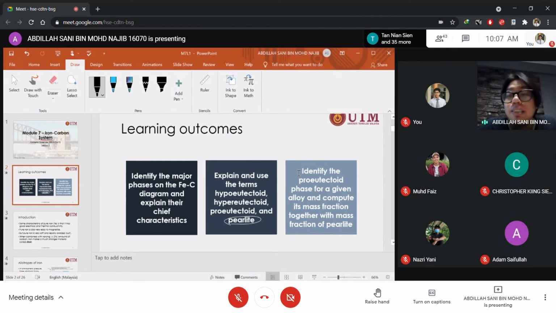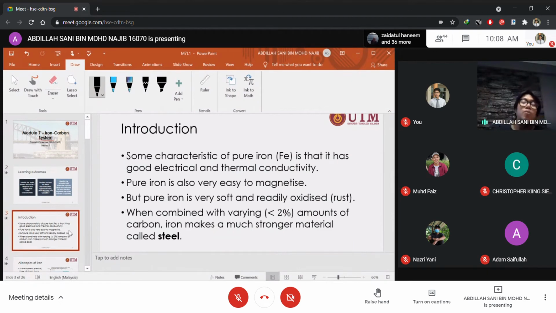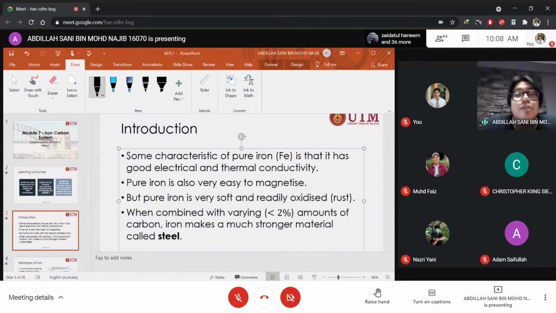And we also want to identify the proeutectoid phase, know the fraction, and also calculate for the proeutectoid phase and the pearlite after the eutectoid line. So anyway, we go line by line. So this is the introduction.